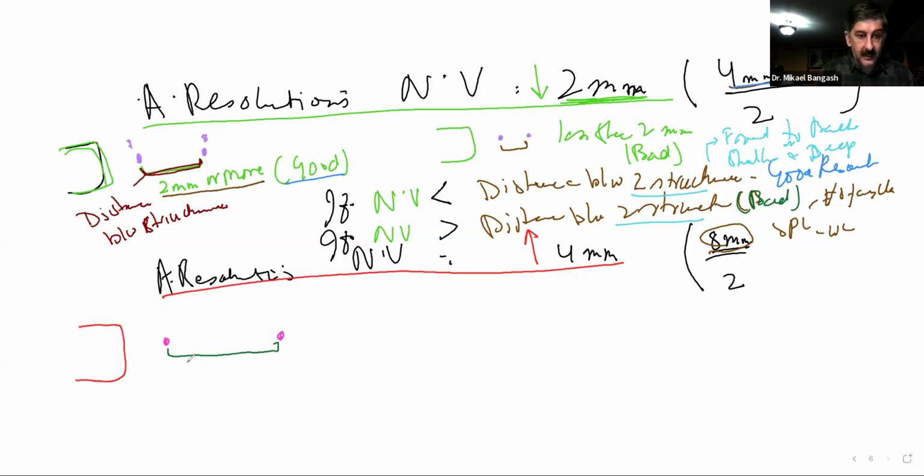if this distance between these two reflectors was 4 millimeters or more, this transducer here will still give you a good axial resolution.